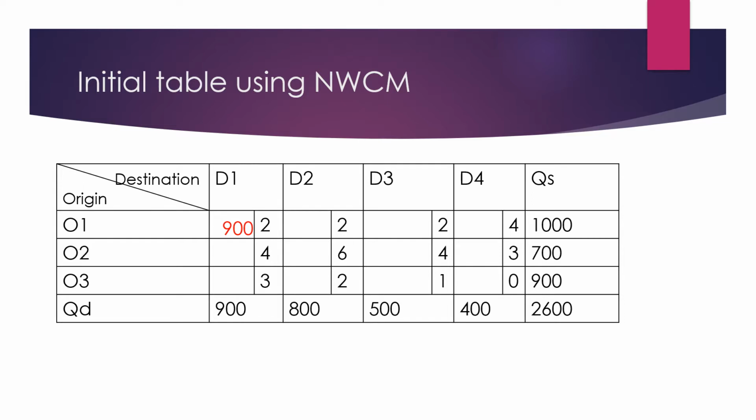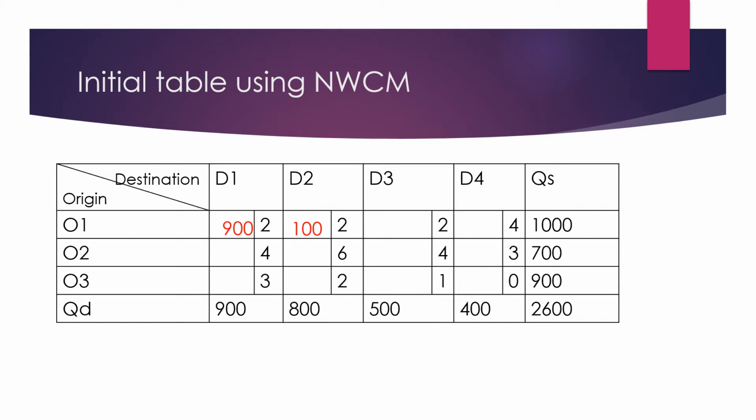So, that 100 should be allocated to the next northwest corner cell, which is D2 O1. When we are allocating that to that particular cell, all the supply from O1 is fulfilled. Therefore, no more supply can be done from origin 1, or one row is fulfilled.